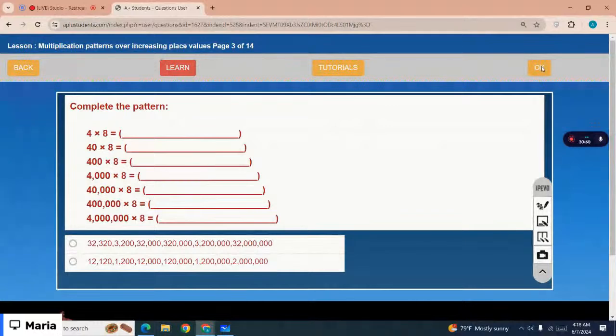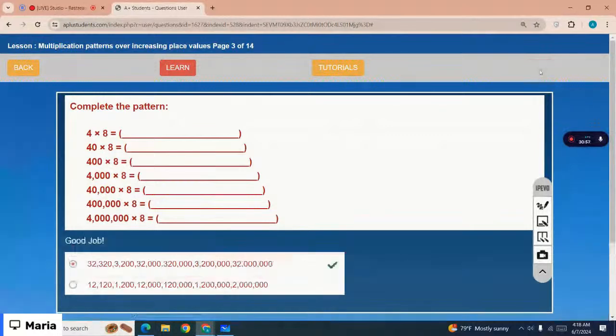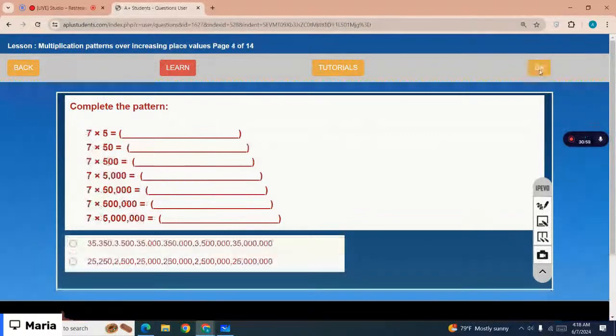The correct option is option number 1 because 4 times 8 is 32. So same way the number of zeros are increasing. Complete the pattern. So which is the correct option?